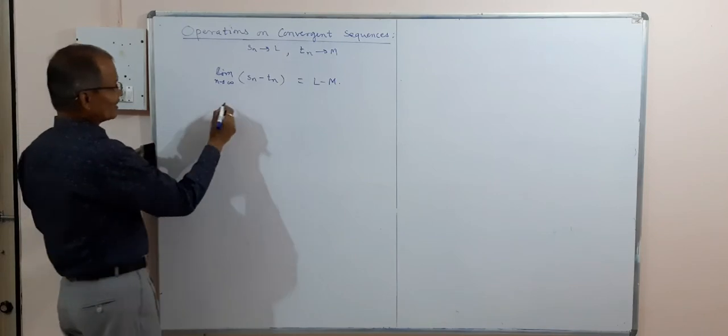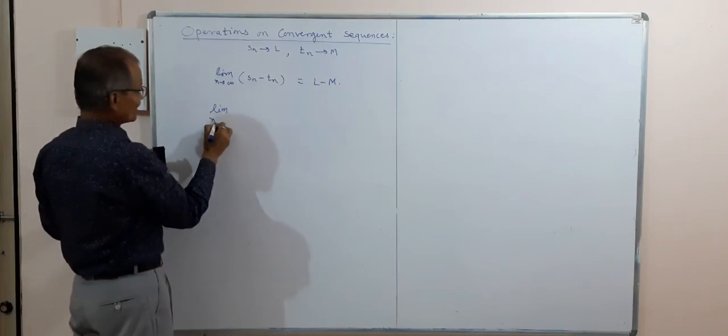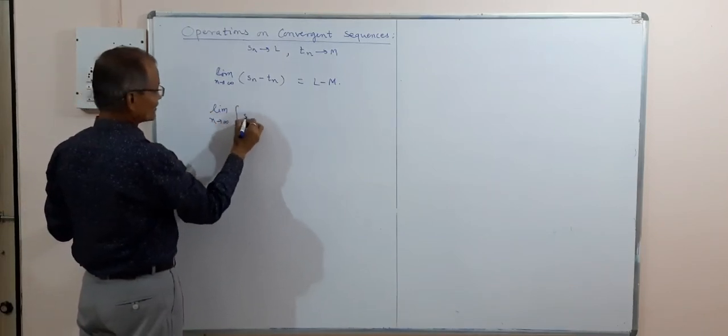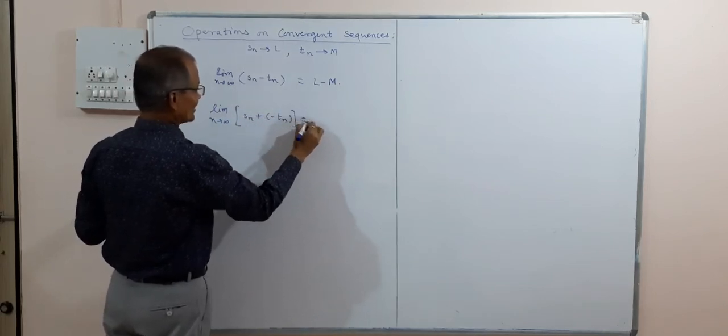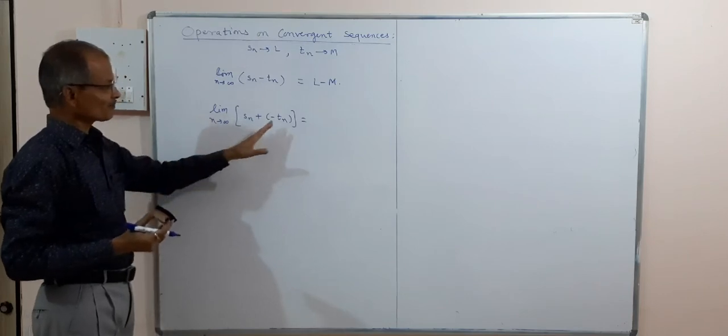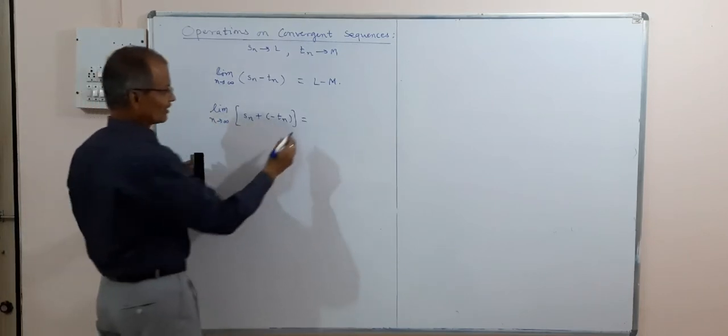This can be written as the limit as n tends to infinity of Sn plus of minus Tn. And therefore this will be the limit of Sn plus the limit of minus Tn.